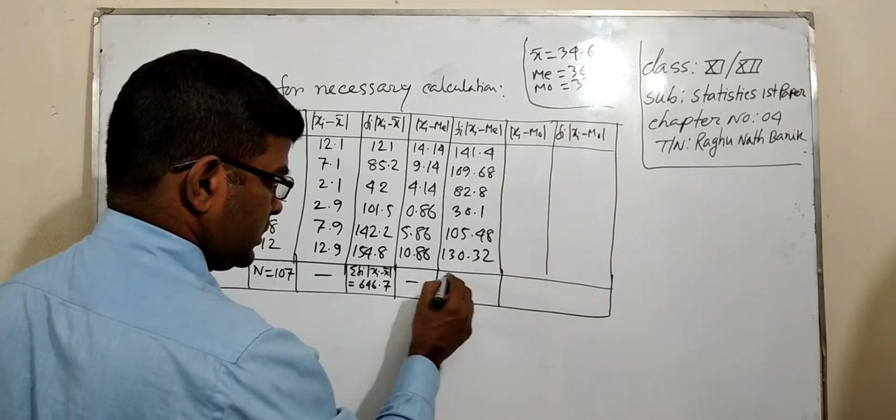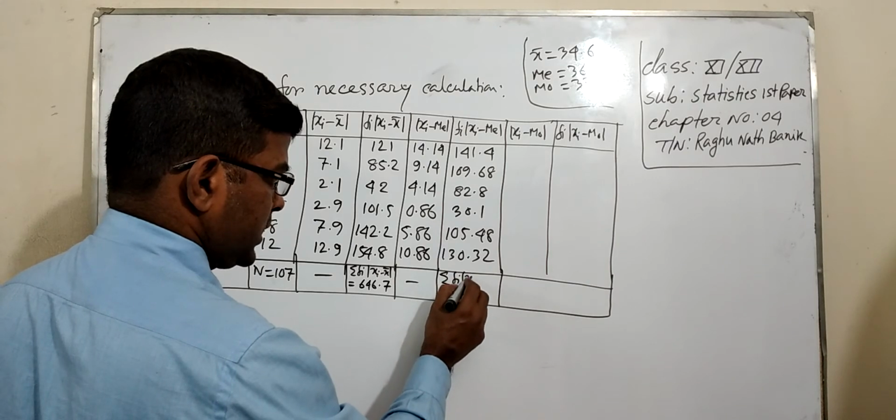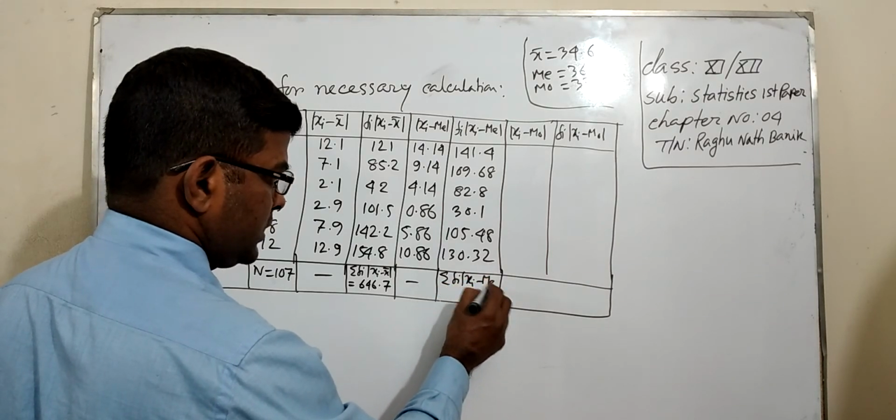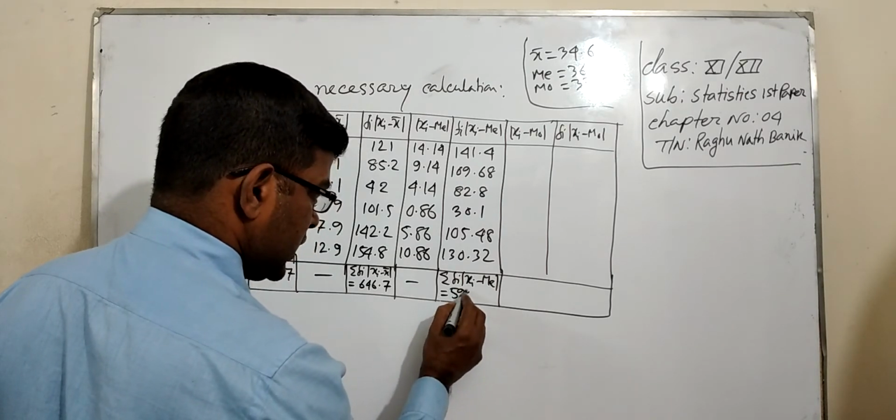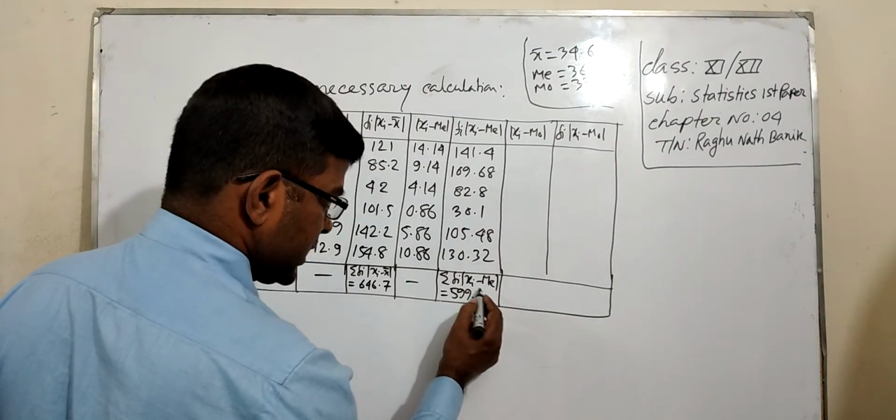The summation Fi modulus Xi minus median equal to 599.78.